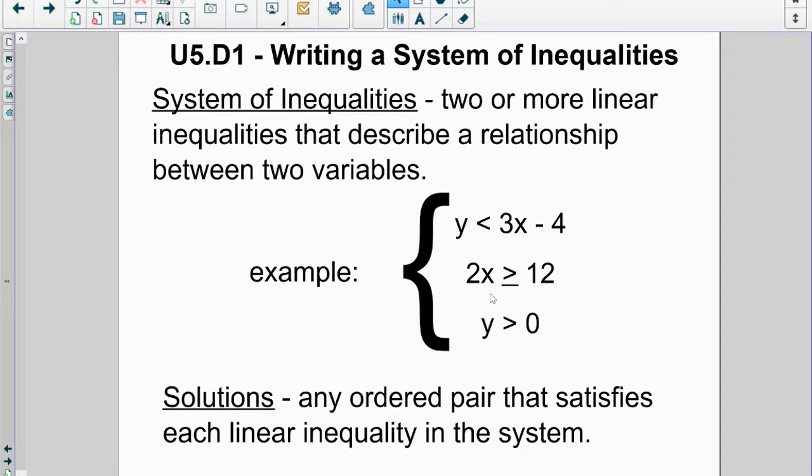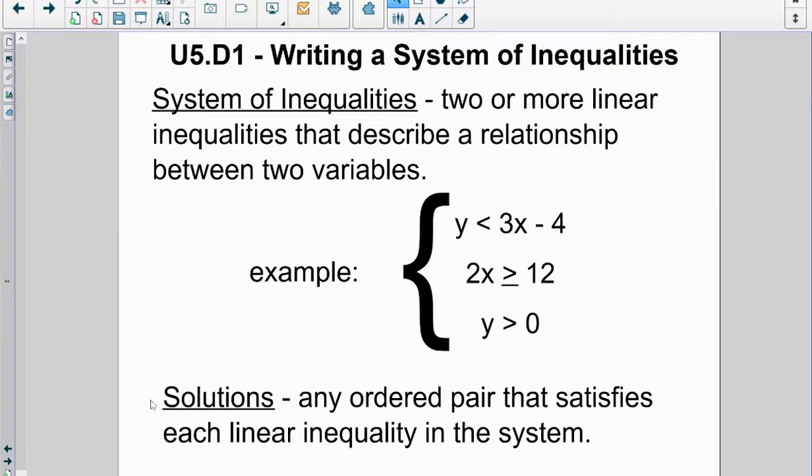We also have that 2 times x has to be greater than or equal to 12, and that y has to be greater than 0. When you put all 3 of these together under the same situation, it becomes a system of inequalities and not 3 individual inequalities.